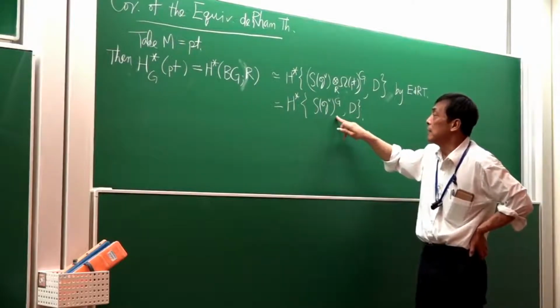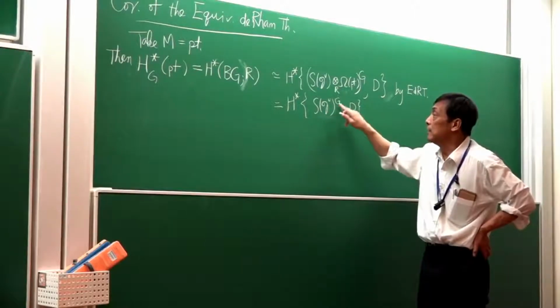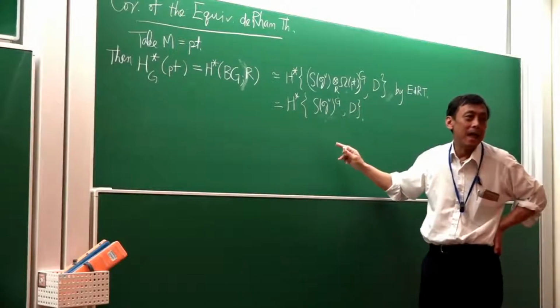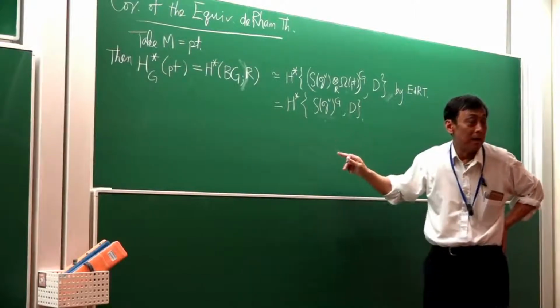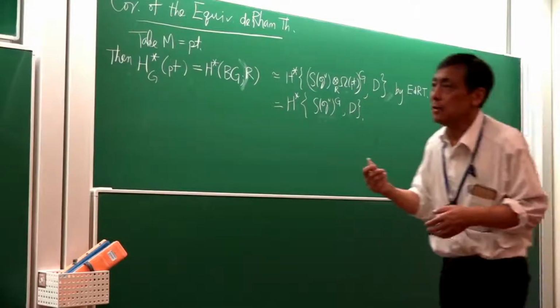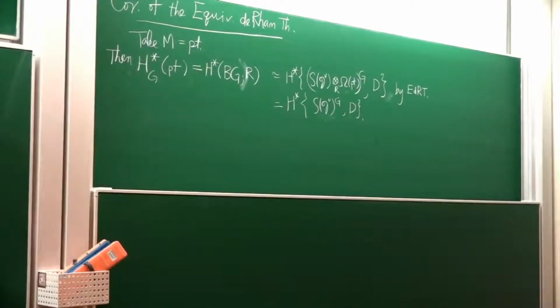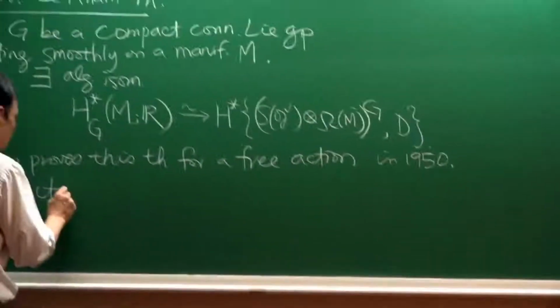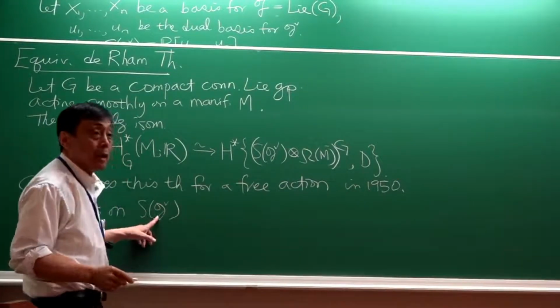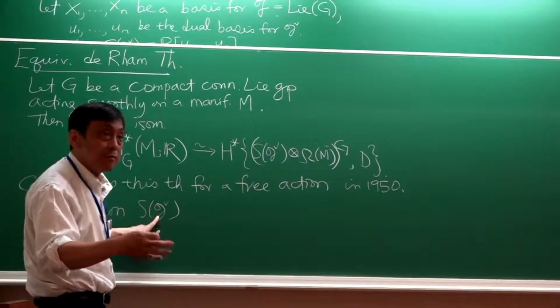The invariant polynomials, they are polynomials in u, right? Well, no, it's certain polynomials in u that are invariant under the action of the group. Oh, I should have said that G acts on the Lie algebra by the adjoint representation.